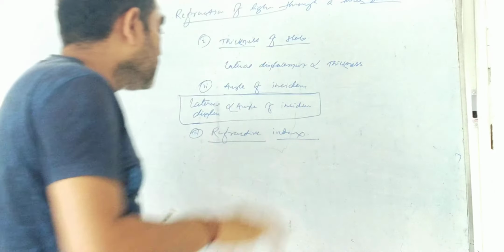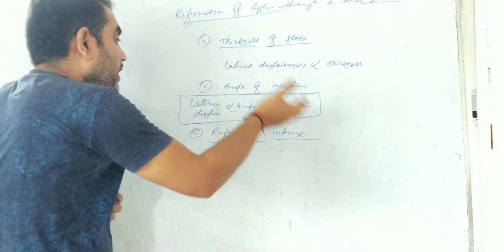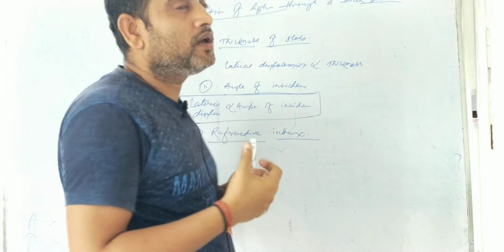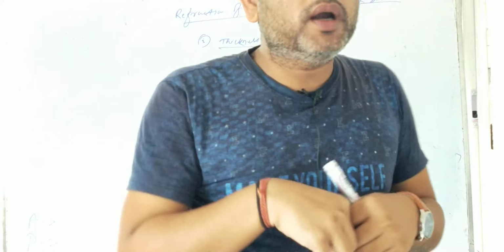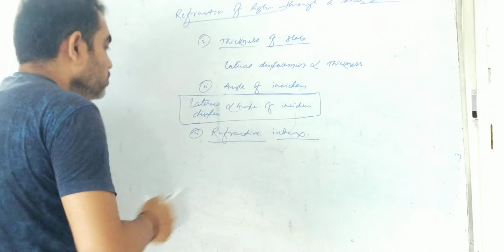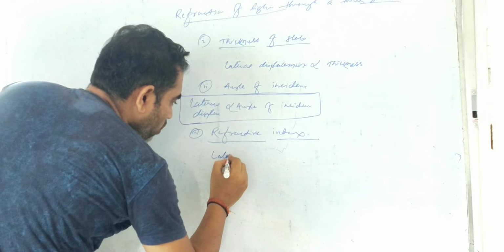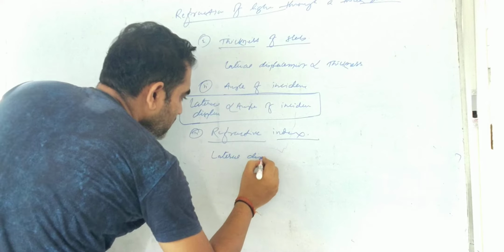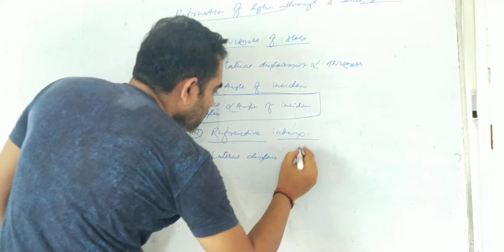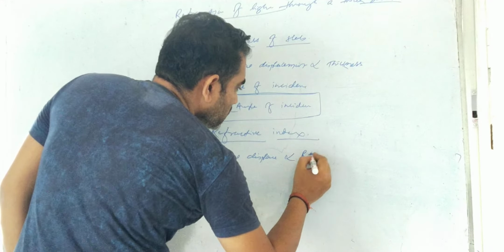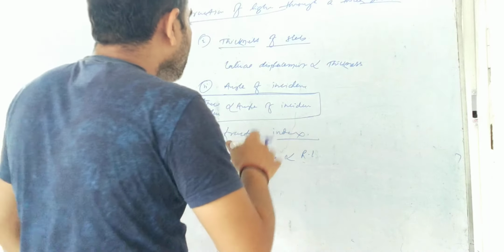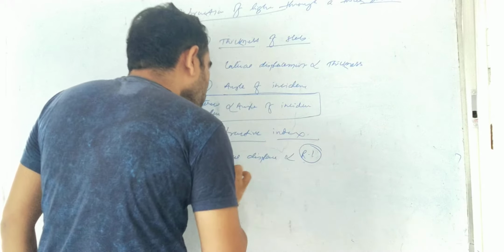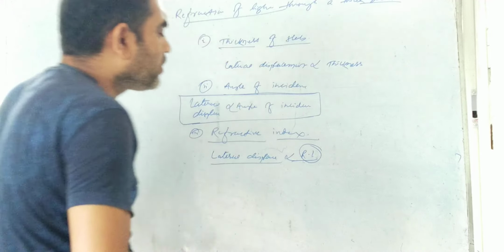Most of the properties of light are decided by, or compared with, the refractive index. This time also, lateral displacement is directly proportional to the refractive index. That means the more the refractive index, the more the lateral displacement of the light.